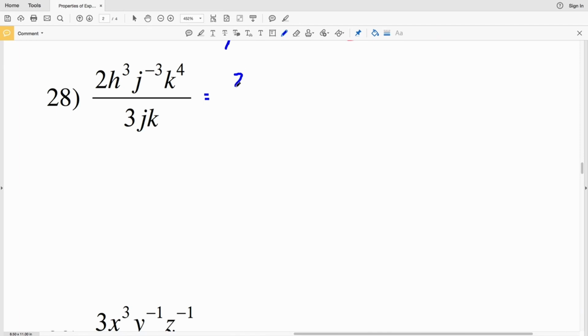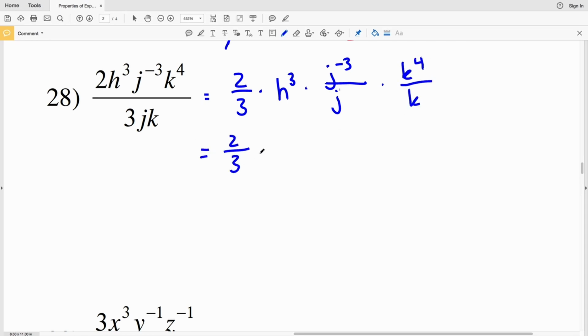In number 28, I have 2/3 times h to the third times j to the negative 3 all over j times k to the fourth all over k. So that's 2/3 times h cubed times j to the negative 3 minus 1 times k to the fourth minus 1, since j and k both have exponents of 1 in the denominator in the original expression.